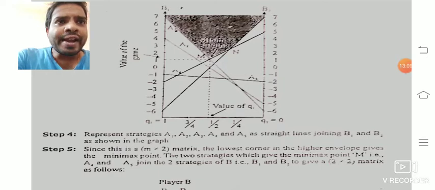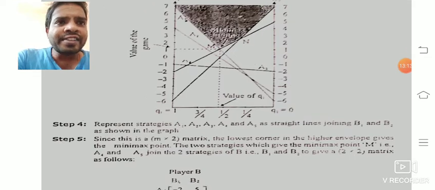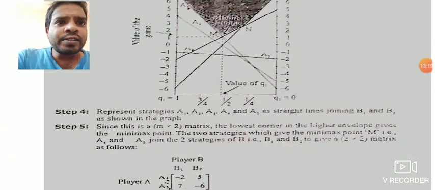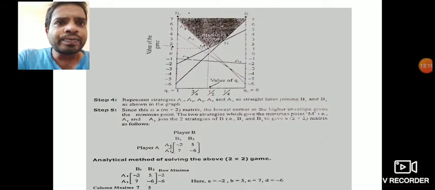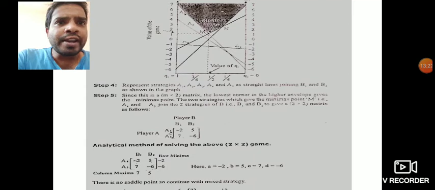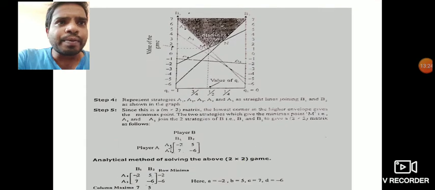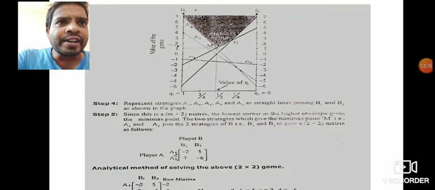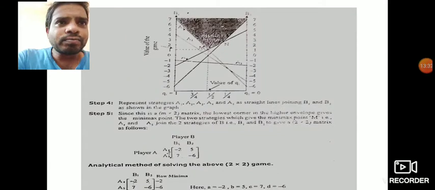And for that point, the 2 intersecting lines, A4 and A5 lines, are going to intersect at point M. Consider only the A4 and A5 lines.